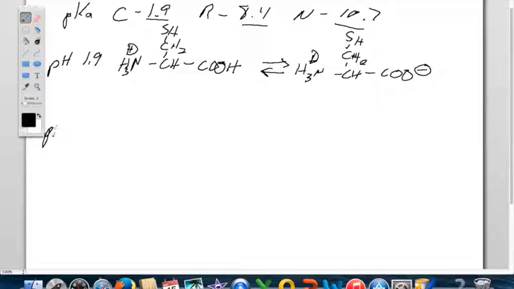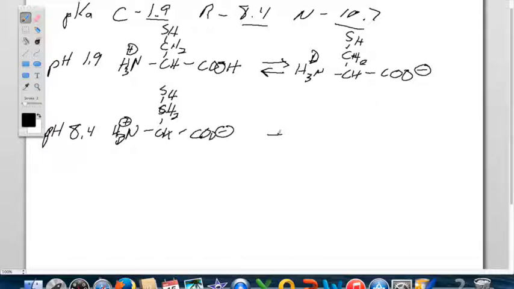So let's next look at what we would have when the pH is equal to 8.4. When the pH is equal to 8.4, our amino groups are still protonated. Oops, that's a CH2 and an SH. So at a pH of 8.4, again, this is a CH there. Half of the molecules are going to be like this. The carboxy groups will be all deprotonated.